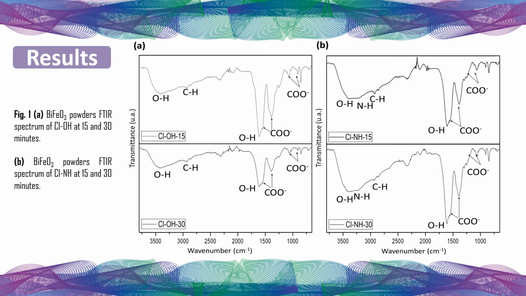This same group presents a second band at 1638, characteristic of a bending vibration of the hydroxyl. The presence of this band is due to the excess of water in the sample, which was not fully evaporated at the time of calcination.